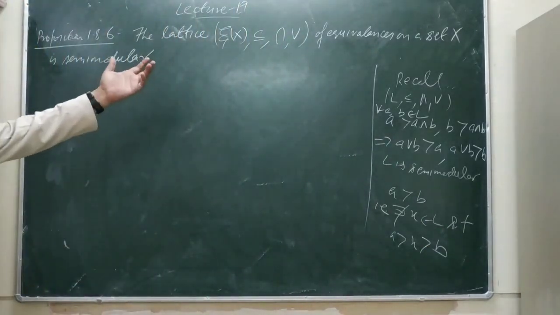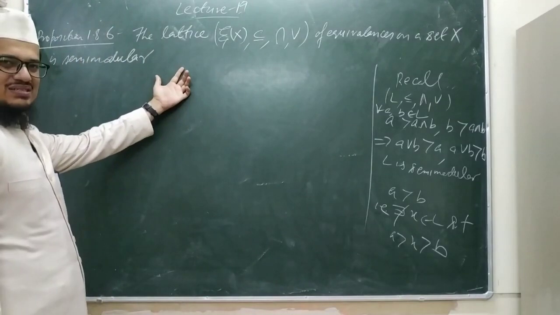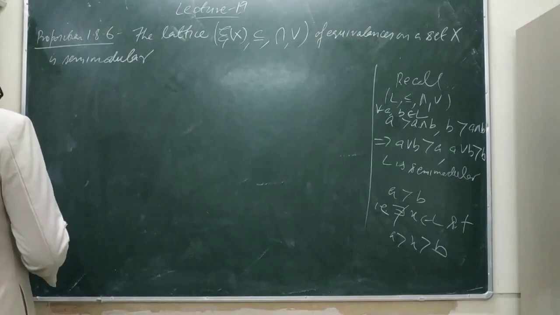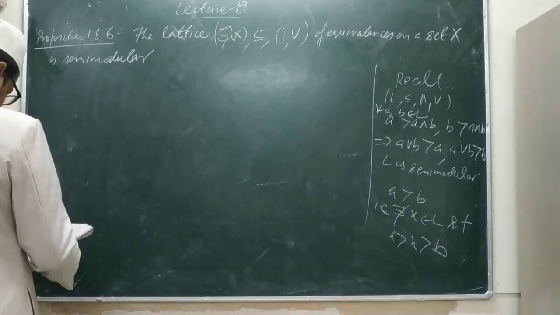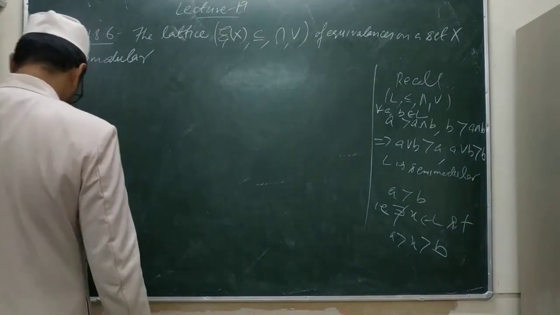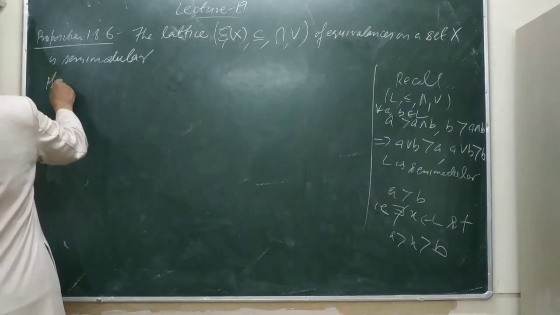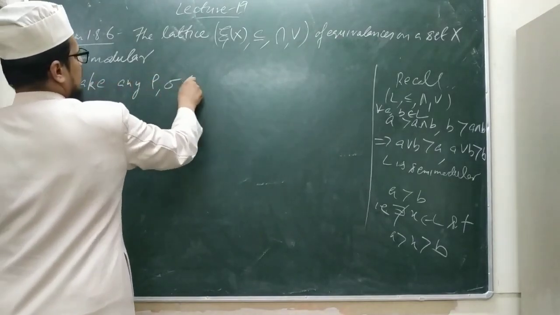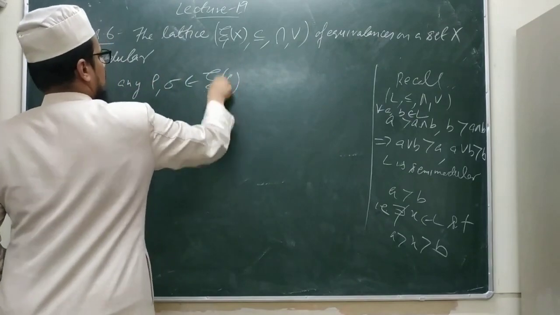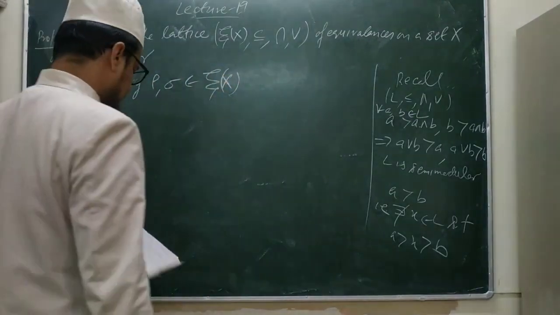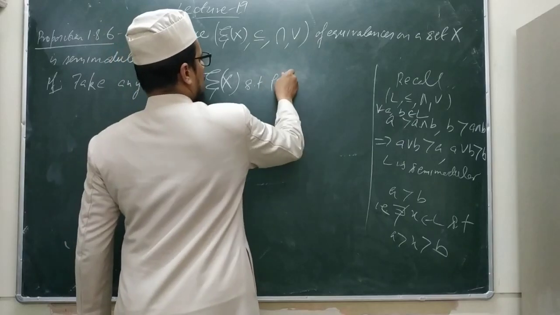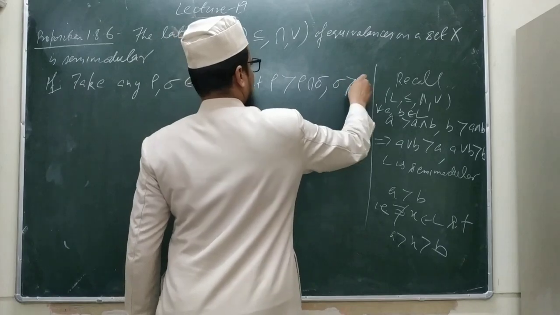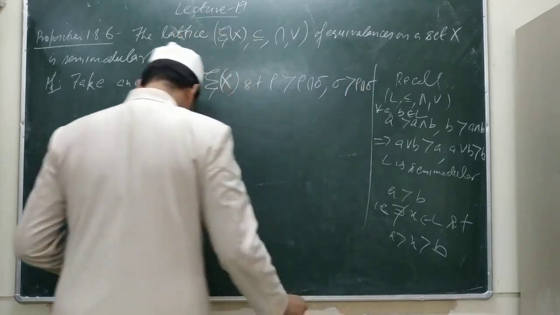Now see, here the elements are what? Equivalences will be the elements, because this is the lattice of equivalences, correct? So, proof: take any rho, sigma belonging to the lattice such that rho covers rho intersection sigma, and sigma covers rho intersection sigma, correct?